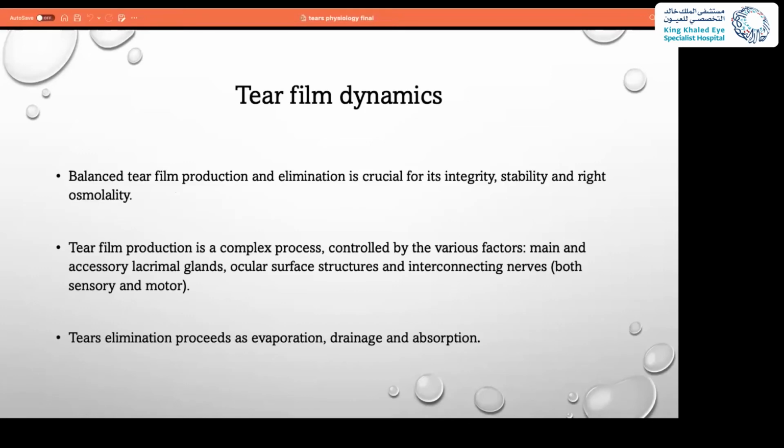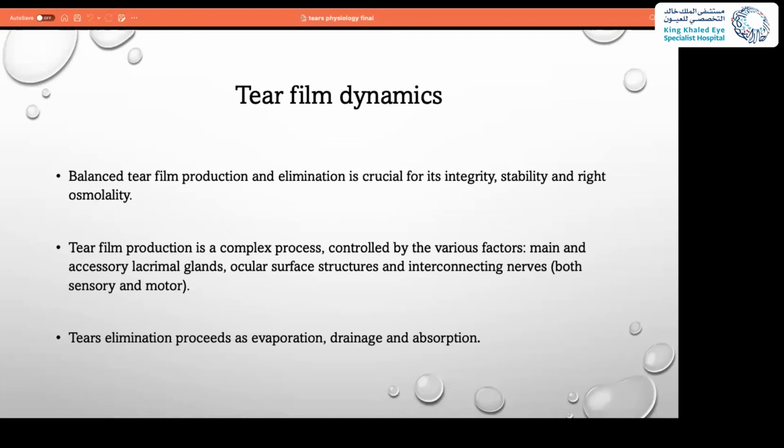Regarding tear film dynamics, balanced tear film production and elimination is crucial for its integrity, stability, and right osmolality. Tear film production is a complex process controlled by various factors: the main and accessory lacrimal glands, ocular surface structures including cornea, conjunctiva, eyelids with meibomian glands, and the interconnecting nerves, both sensory and motor, which were all previously mentioned.